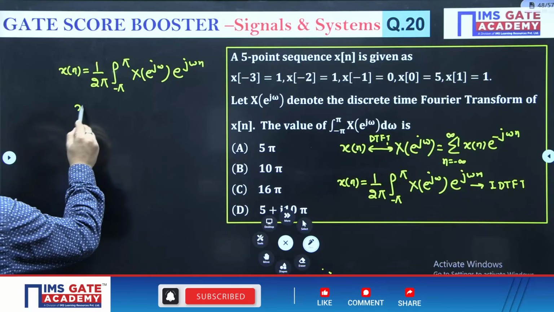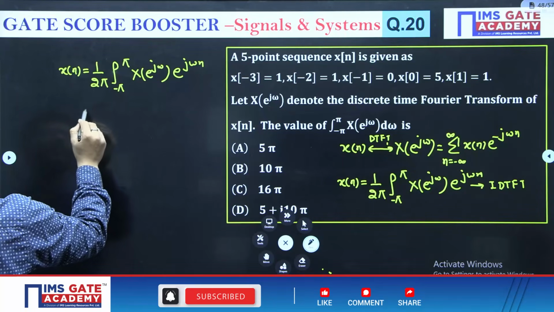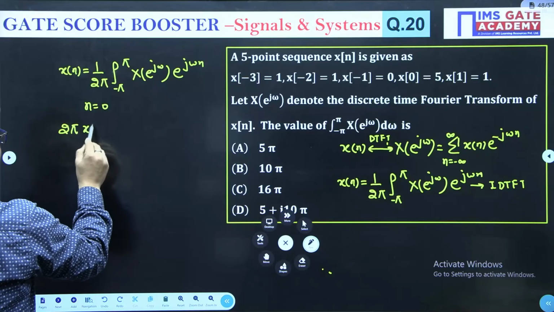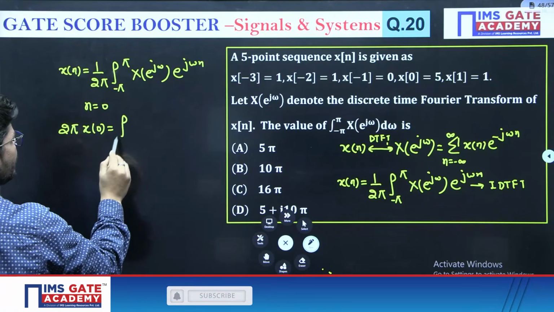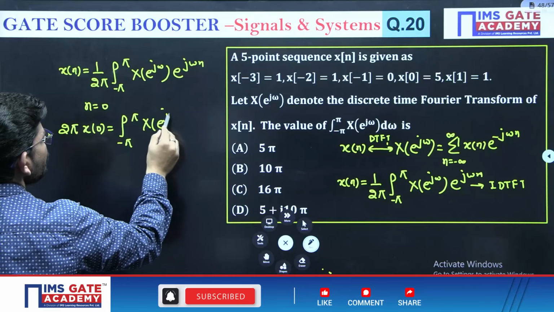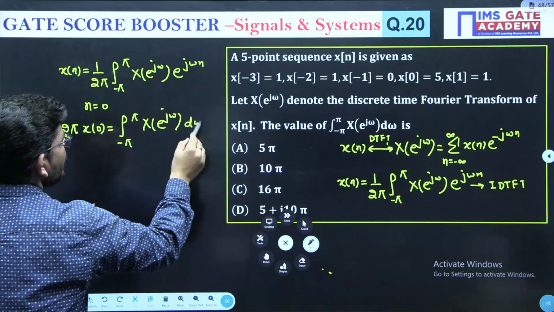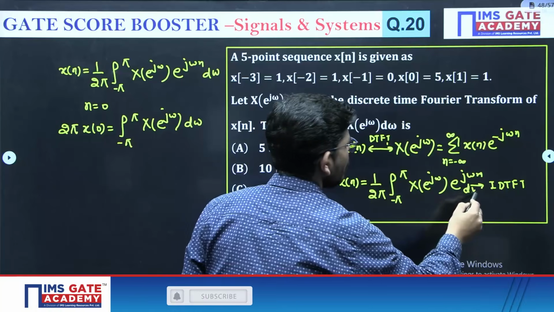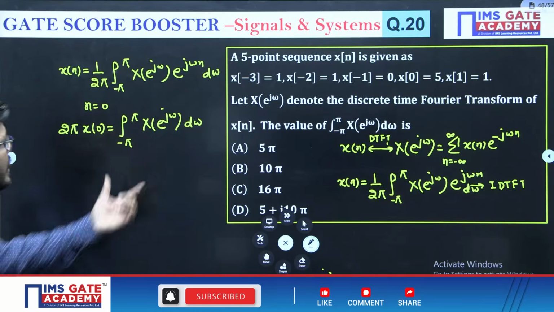In this formula, if I put n to be 0, then what I will get? I will get 2 pi x of 0, which is equal to the integral from minus pi to pi of X(e to the power j omega) d omega. Correct?